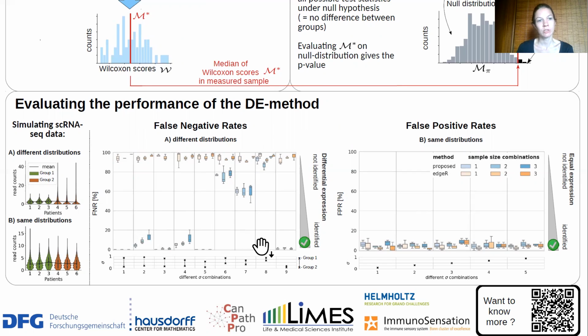So the different distributions were identified between the two groups, whereas edgeR could not find the differences, shown here with high false negative rates. On the other hand, with the same distributions, both methods perform equally well with low false positive rates. So thank you for your attention, and if you have any questions, I'm happy to answer them.